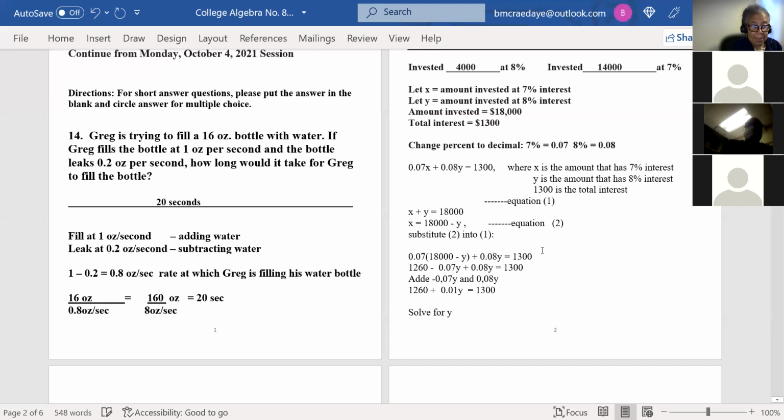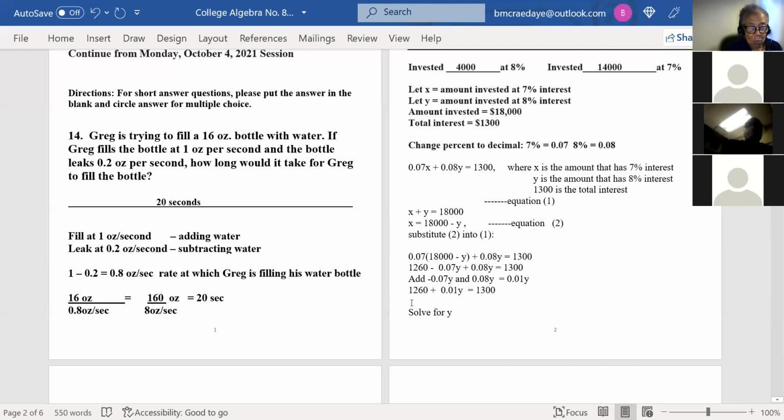Add minus 0.07Y and 0.08Y, and these are decimals, not commas. And that's equal to 0.01Y. So now this equation becomes 1260 plus 0.01Y equals 1300, right?